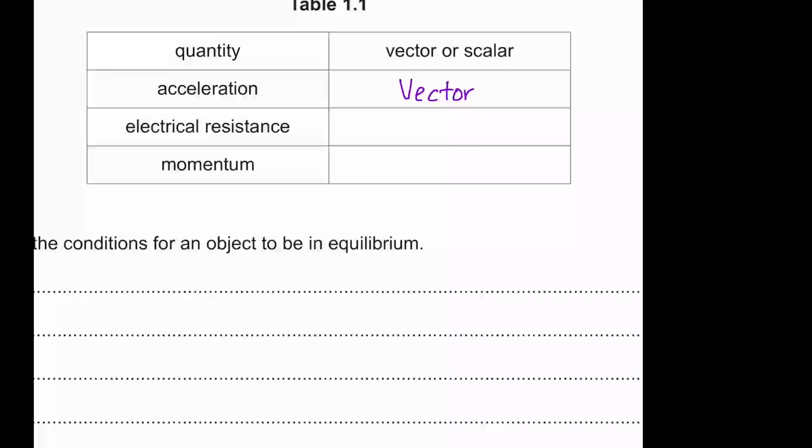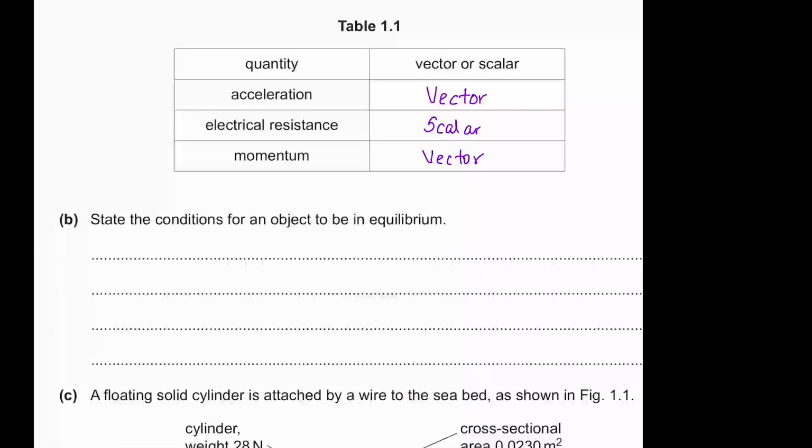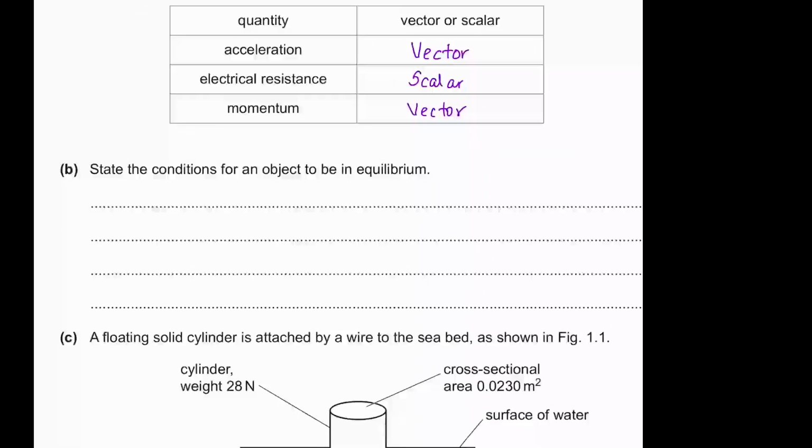Electrical resistance is a scalar. Momentum is a vector. Correct? Should I remind you what is a vector and what is a scalar? I don't have to go that low, right? Very good. State the conditions for an object to be in equilibrium.